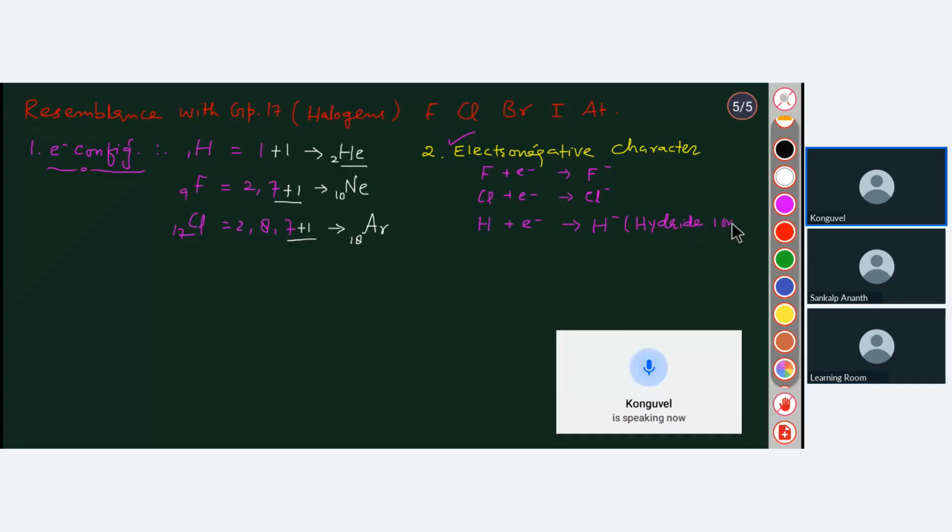So this hydrogen resembles the halogens, that is group 17 elements, in electronic configuration and in electronegative character. Similarly, the oxidation state, what you also call the valency and oxidation state.